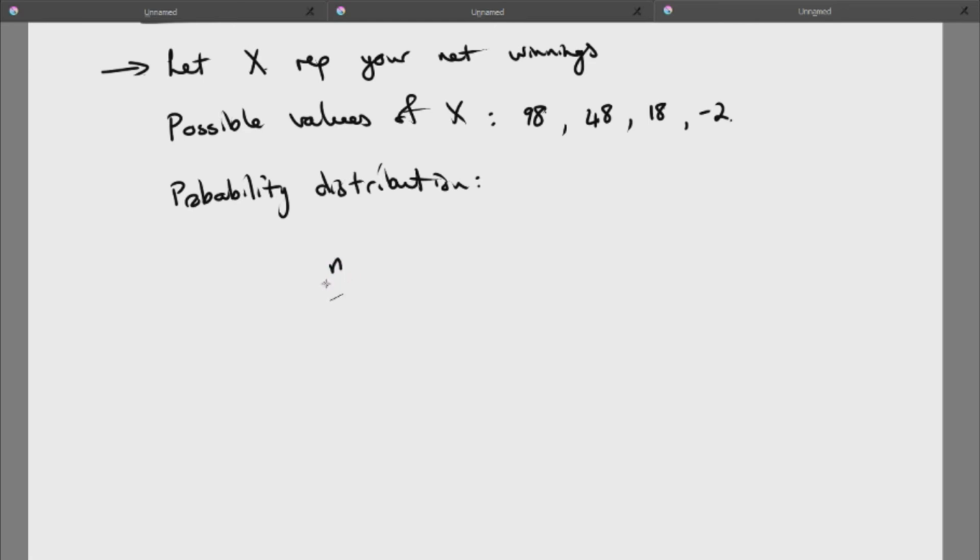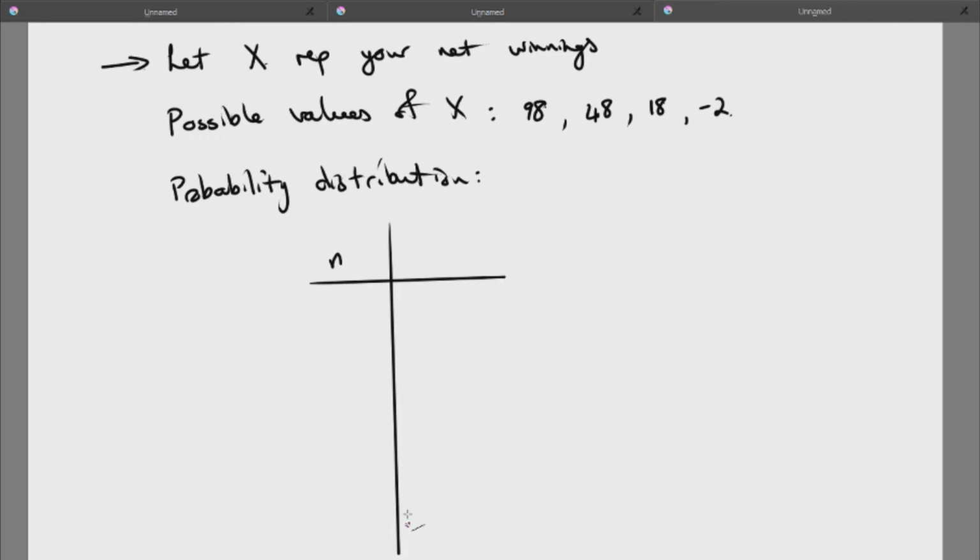I have my possible X values, and then the probability that X equals that number. Just a fancier, more compact way of saying all these words. 98, 48, 18, and -2.